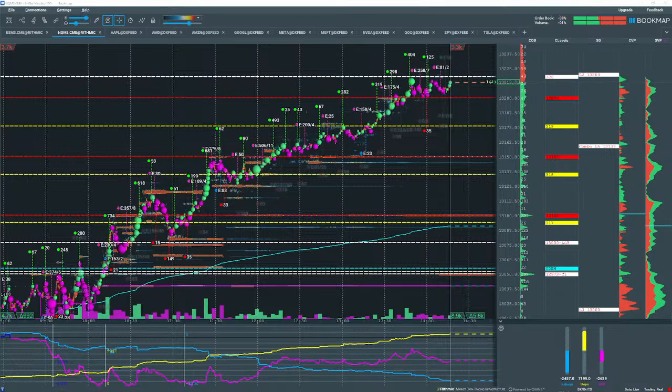So this Spotgamma index is totally different from Hero. The Spotgamma index is something that changes once a day, and Hero is something that changes in real time.